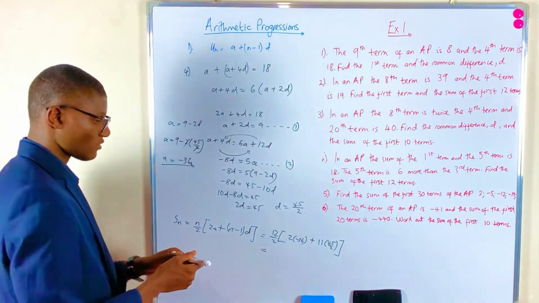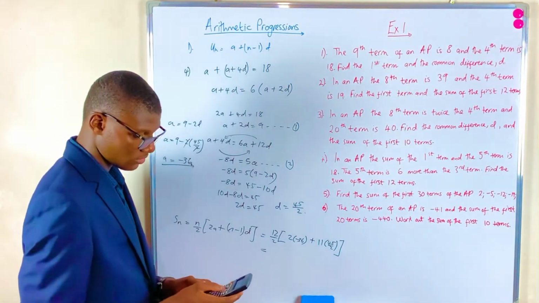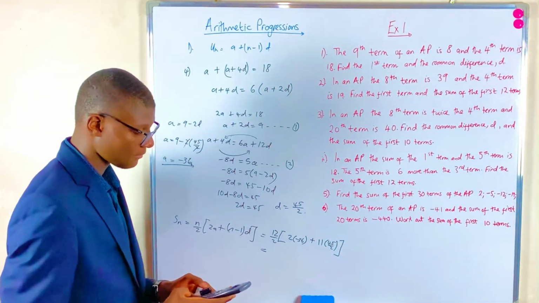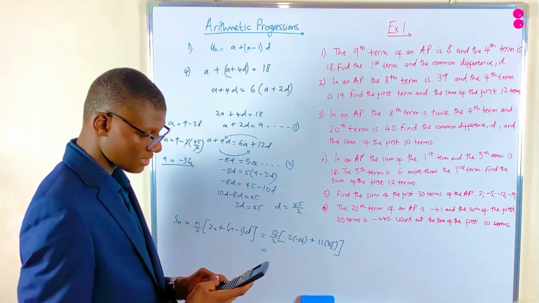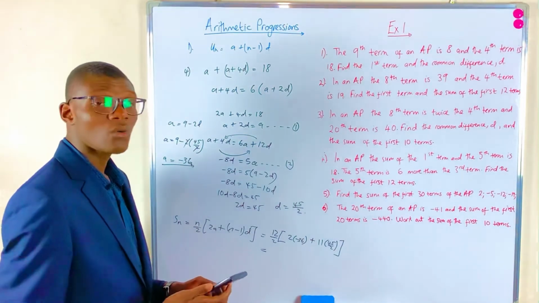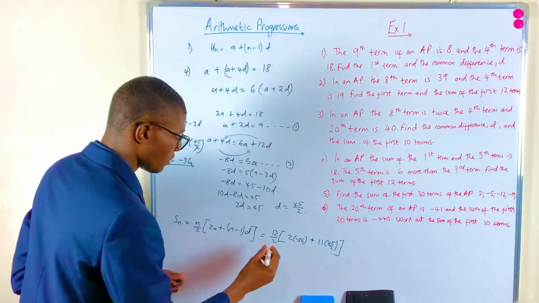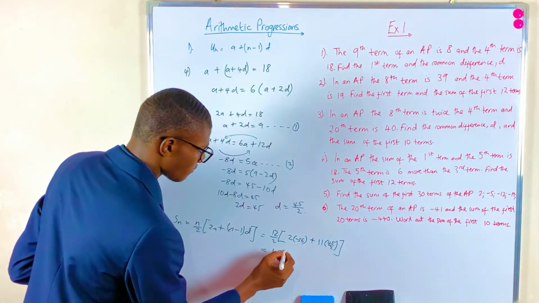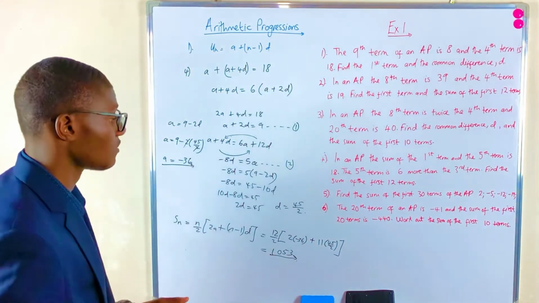And this would give us 45 over 2 times 11, minus 2 times 36, and then times 6. So that would give us 1053. So this would be the sum of the first 12 terms, right?